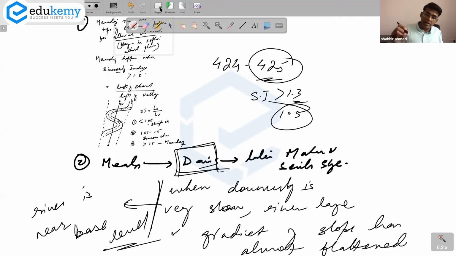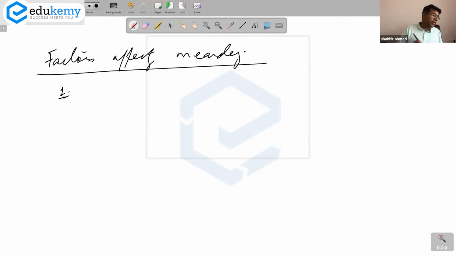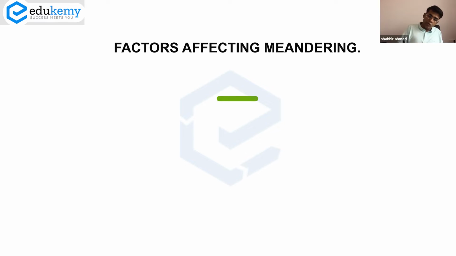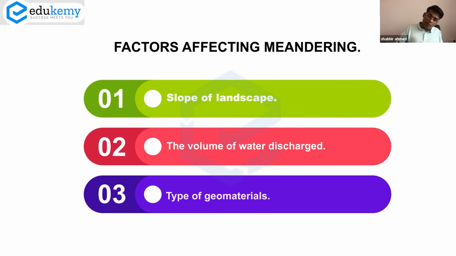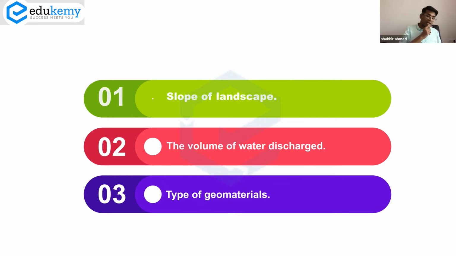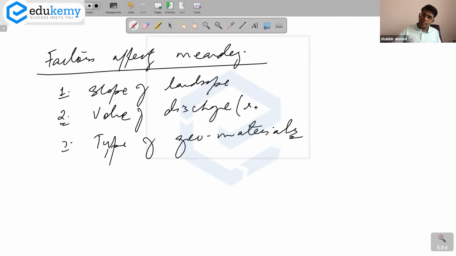And next, factors affecting meandering. Factors like the slope of the landscape, the volume of water discharge, and type of geomaterials. Volume of discharge relates to rainfall and precipitation.